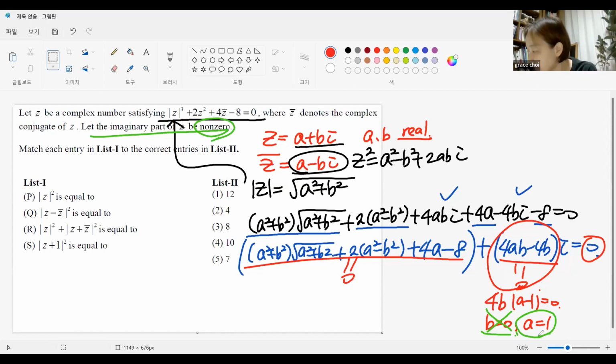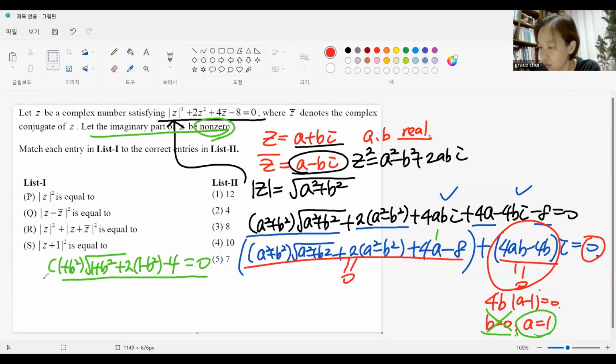Okay, use that. a is 1 now. So the longer real part is now 1 plus b squared times the square root of 1 plus b squared, plus 2 times 1 minus b squared, plus a is now 1, so 4 minus 8. Equal 0.